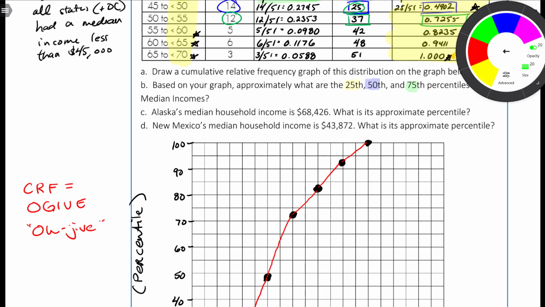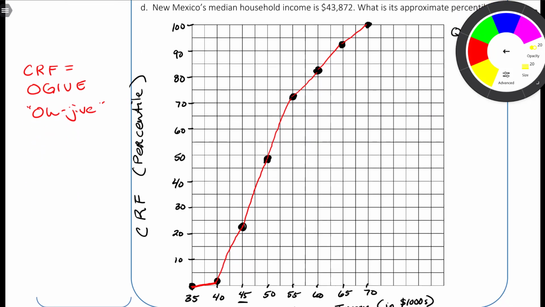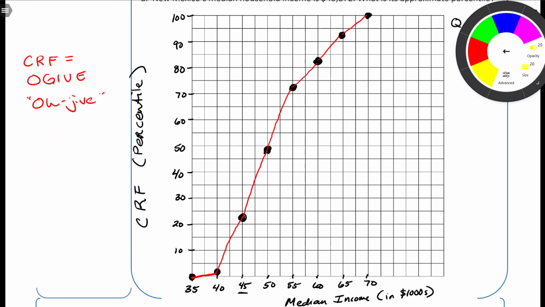So the 25th percentile, we know that as quartile 1, right? So quartile 1 is at the 25th percentile, but we want to know what's the actual median income for that quartile 1. Well, I'm given the percentile rank. If I'm given the percentile rank, that's where I want to start. And the percentile is at the 25th percentile, and that's going to be right here. So now, go ahead and draw a line that intersects with the graph and no further.